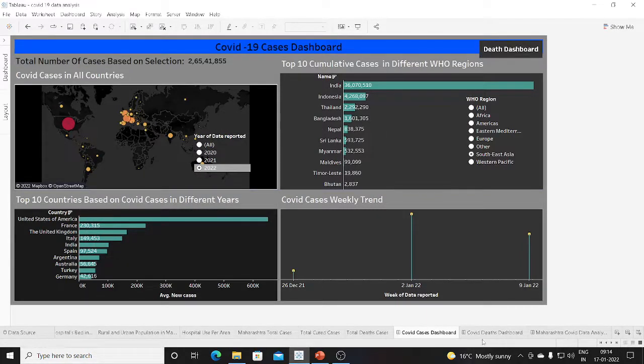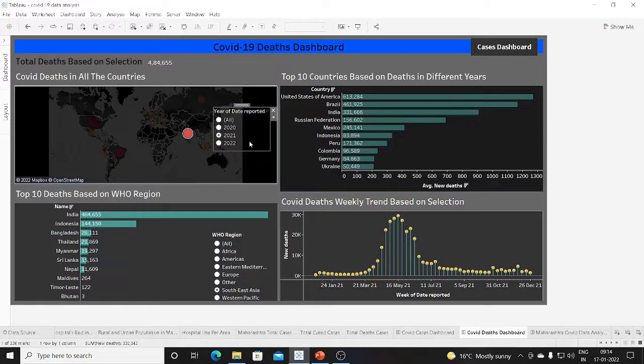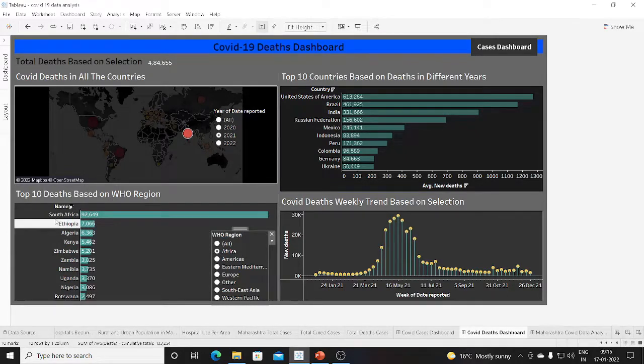Now this is the death dashboard, and you can easily conclude one thing here. If I talk about the same thing I showed, the top 10 deaths based on WHO regions. For Africa, you can see South Africa again at the top, and in the Americas also the USA is in the top position, then Brazil, then Mexico.